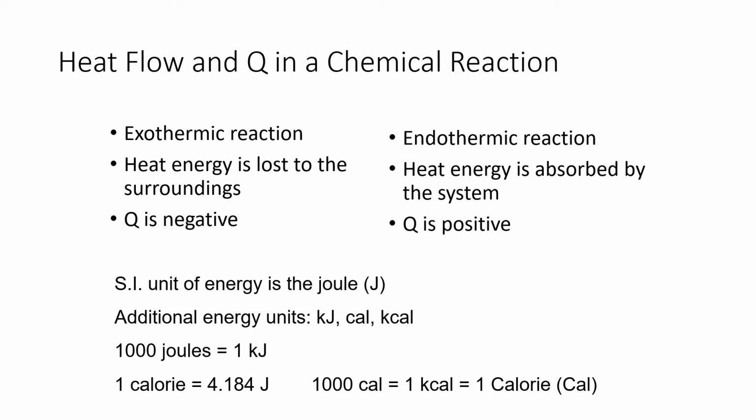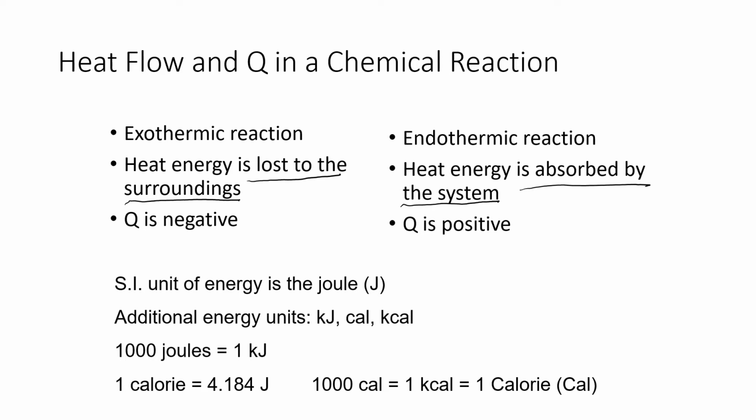So heat flow and Q in a chemical reaction, we've already discussed exothermic versus endothermic reactions. Exothermic reactions, heat is lost or given off to the surroundings. Endothermic reactions, heat is absorbed by the system. Remember, the system is the unit or the thing that you have chosen to study.